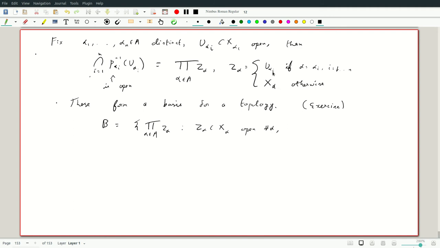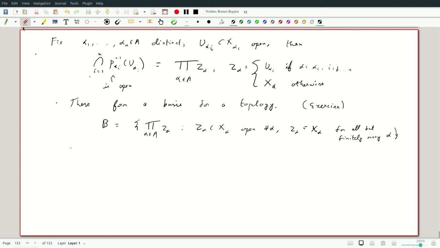The specific indices are used in the construction, but when I'm looking at the product, I don't have to specify them. What I have to specify is that there are only finitely many. So Z alpha equals X alpha for all but finitely many alpha. And so these form a basis for a topology.